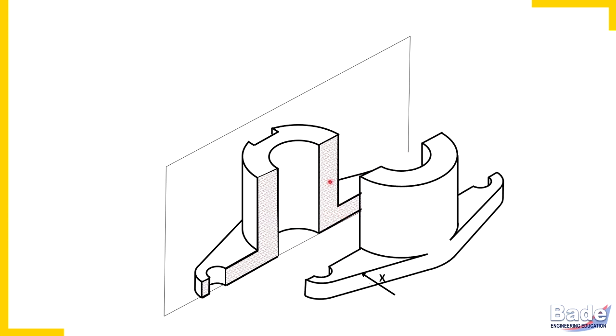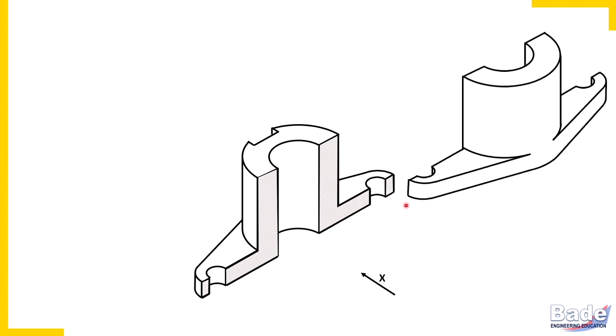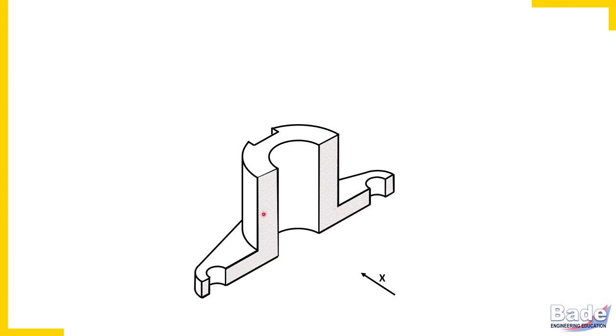So these are the two parts and this is the portion nearer to the observer and it is to be removed to watch the section. Now when a solid part gets cut by a cutting plane, a new surface gets created, that is the section. In the actual drawing, it is to be shown with hatching lines.